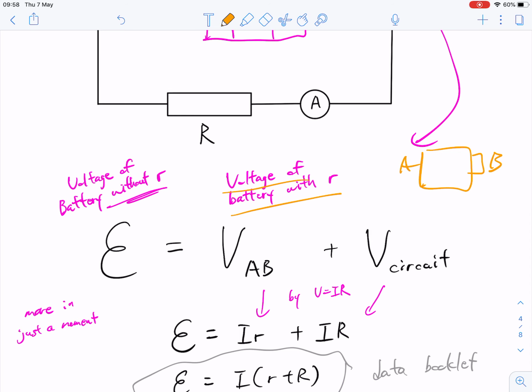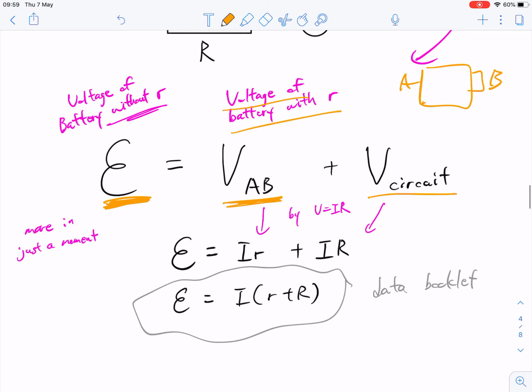So this is actually all just voltage is voltage is voltage, okay? So the total voltage, you can say, is the addition of the battery voltage, this is with internal resistance calculated, and that of the circuit.